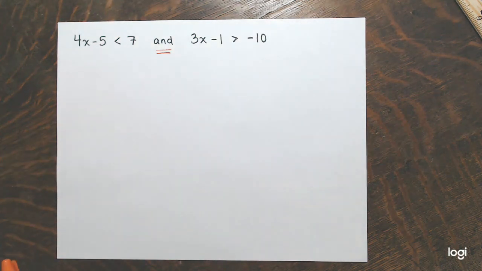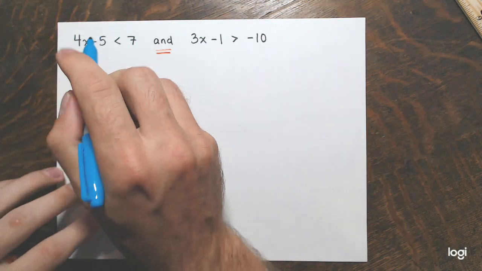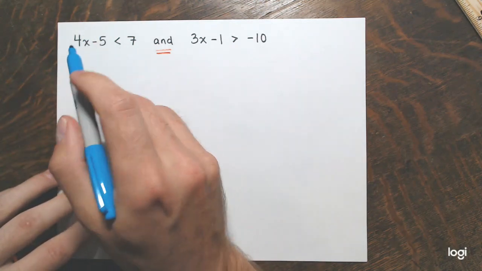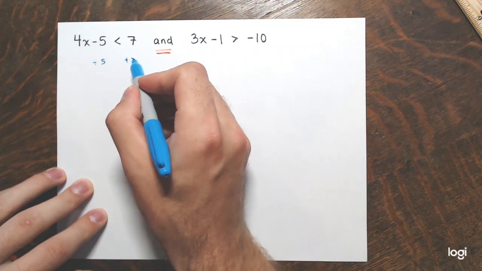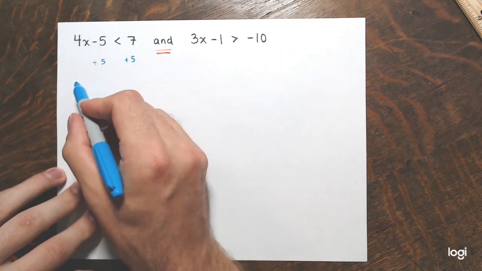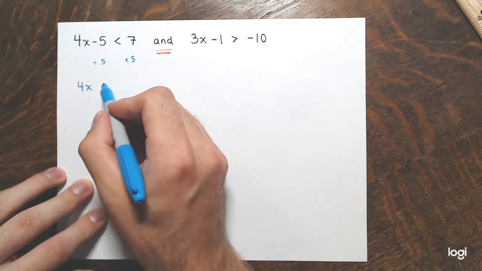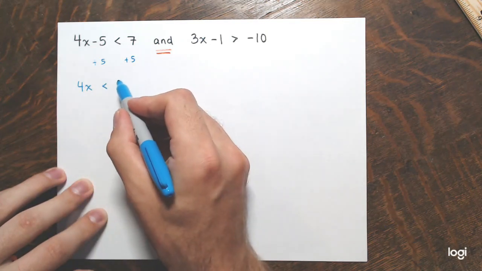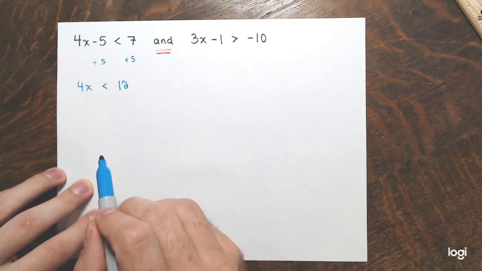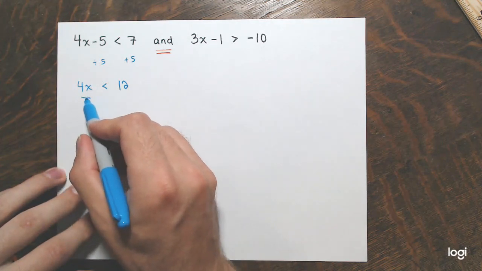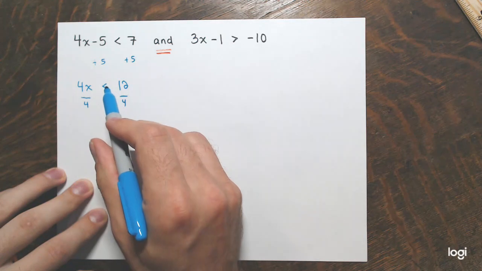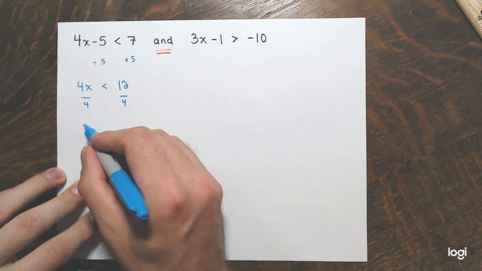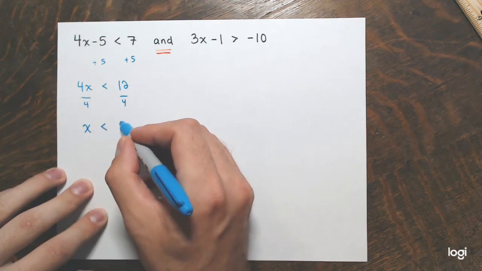So like I did in the last one, solve each inequality separately. I'll do the first one in a little light blue here. I'd be adding 5 to both sides. And then that gives me 4 times x on the left is less than 12 on the right. And then dividing both sides by positive 4. Division by a positive number doesn't change the symbol. I'm getting x is less than 3.